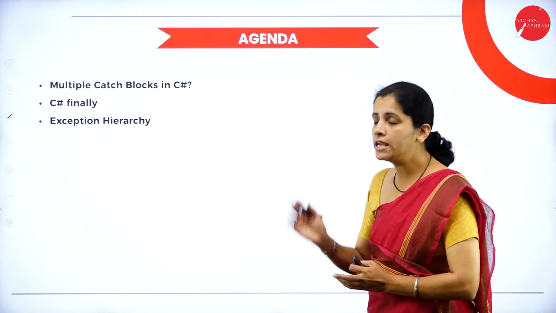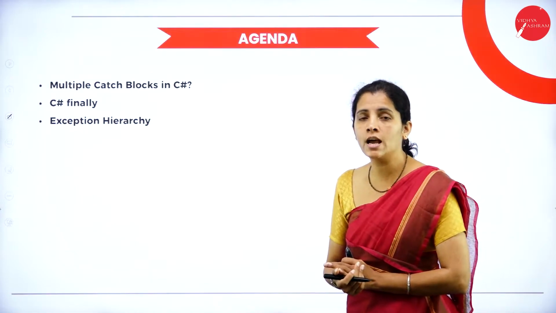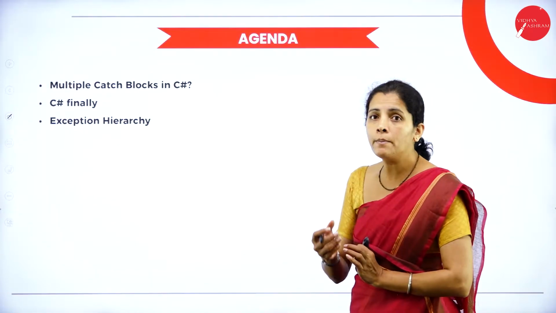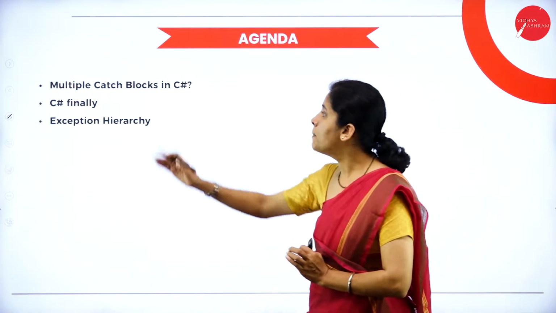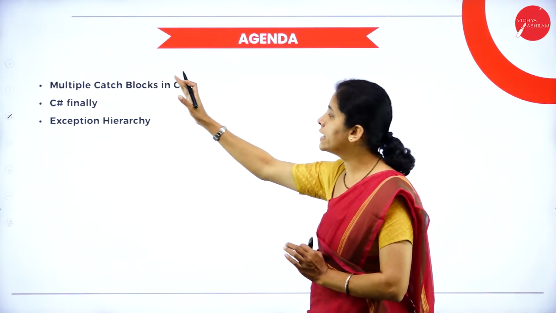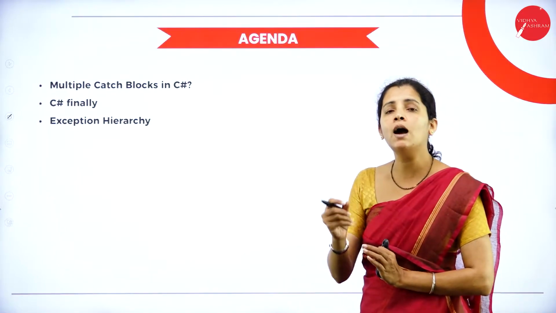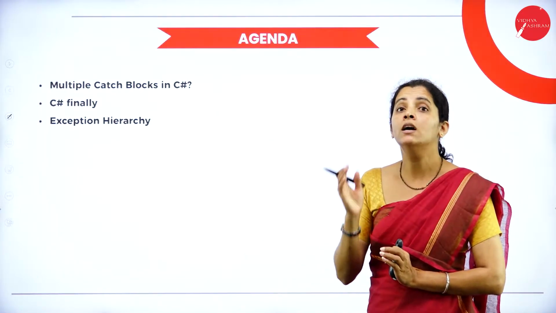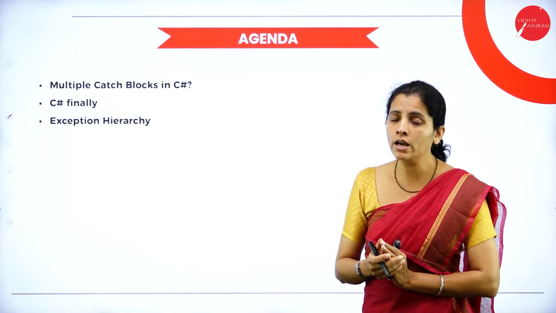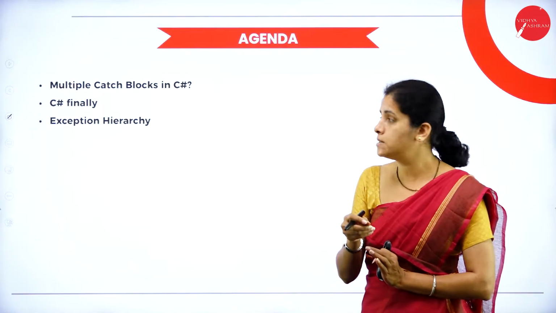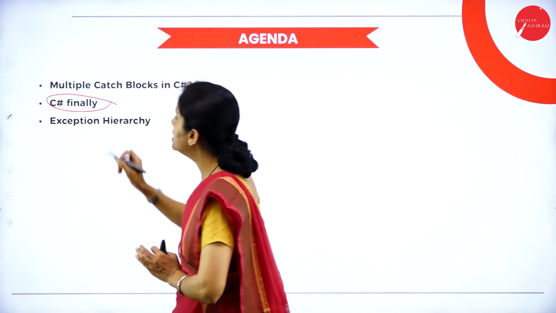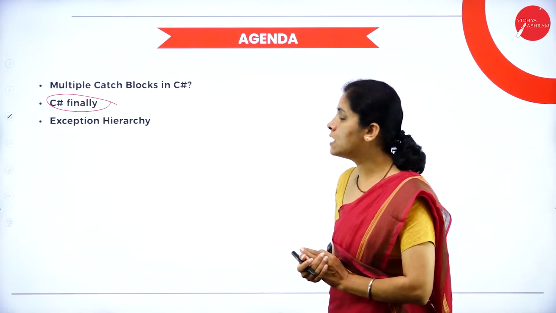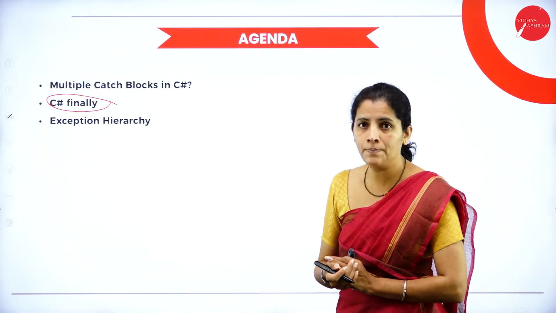Now, once again in today's session, I'm going to discuss the remaining topics under this unit, that is multiple catch blocks in C#. That means how I can write multiple catch blocks in order to handle the exception, what is the use of the finally keyword, and some exception hierarchy.